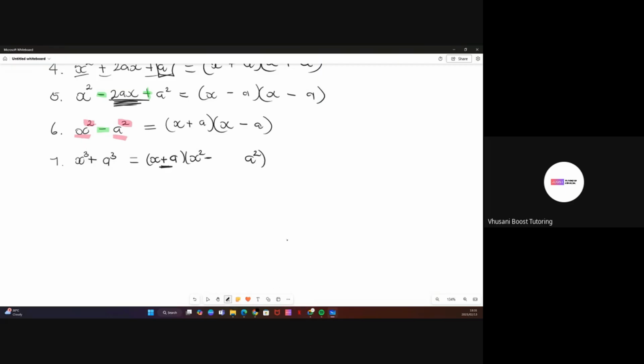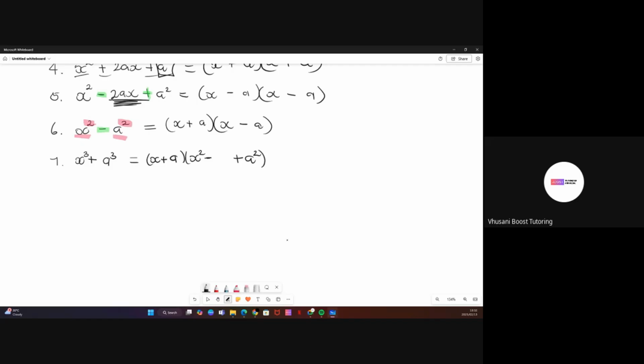And the last symbol would always be a positive. Before I move on, is everyone fine with that? Hit me with the thumbs up in the chat. Okay, perfect. It's always like that, guys. You copy the exact same symbol they gave you, you change the opposite one on the next symbol, and the last one is always a positive.